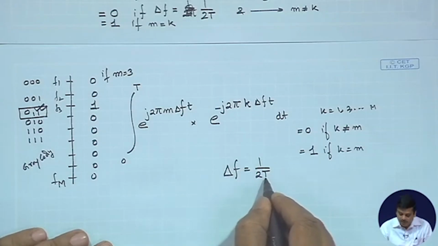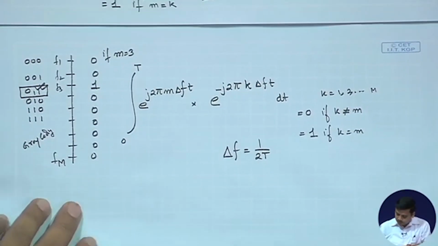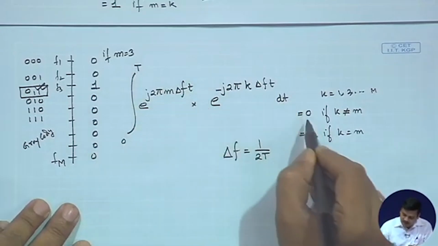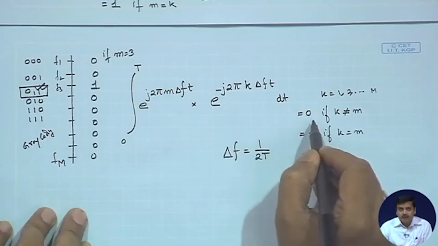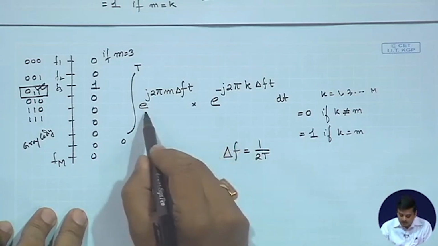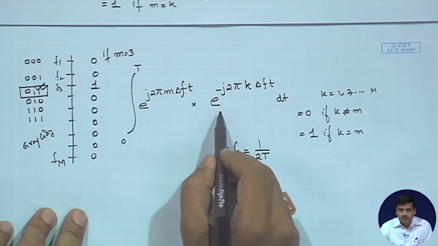So, T is the symbol duration, we should be careful. In other words, when this integration is equal to 0, you would be able to identify from our vector notation and signal expansion that this is a projection of one signal on another, or the inner product of two signals.